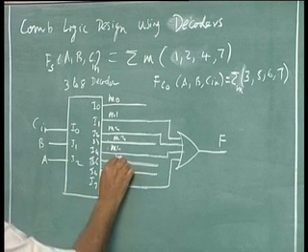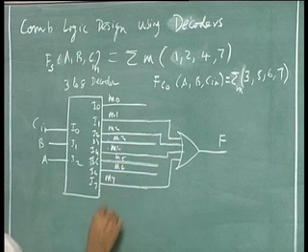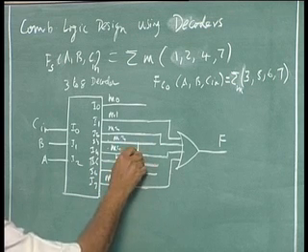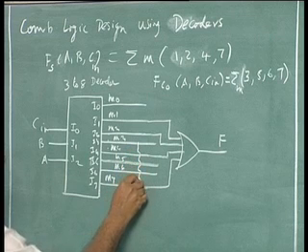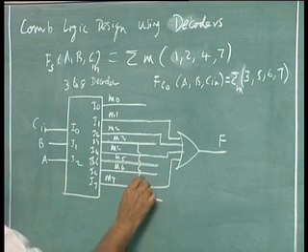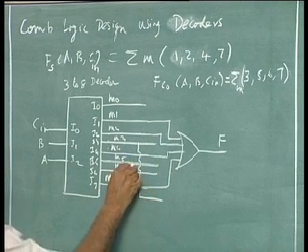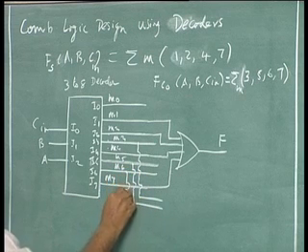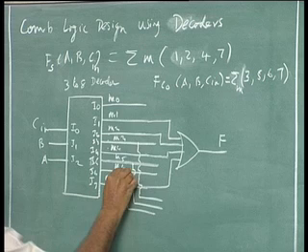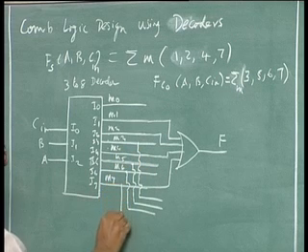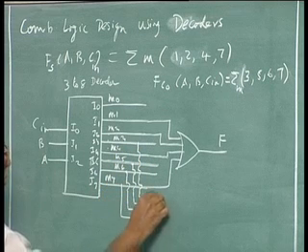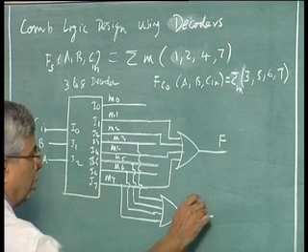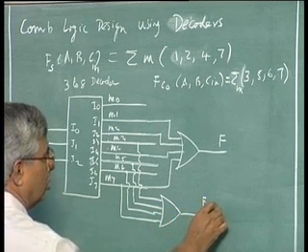M3, M5, M6 and M7, put them in an OR gate, and this is my F carry out, F sum.